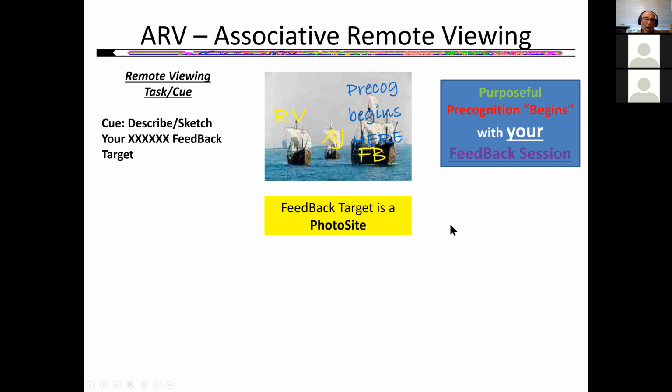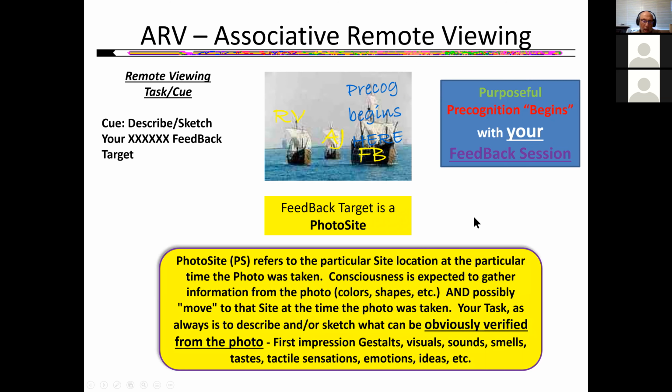Everything we do is online, so we can have people from all over the world participate, and indeed they are. So what we're using for targets are what we call photo sites. Now, what's a photo site? That refers to a particular location at the particular time the photo was taken.